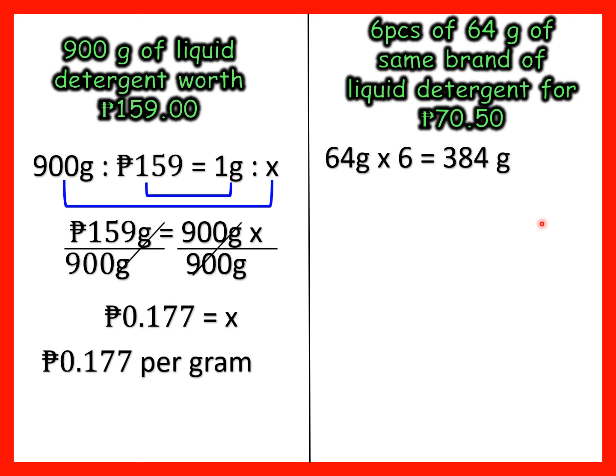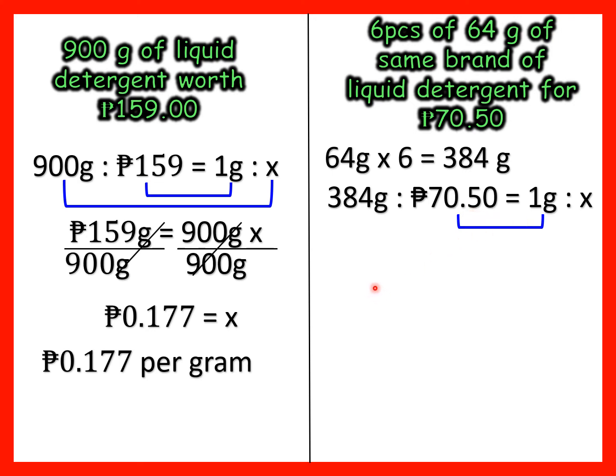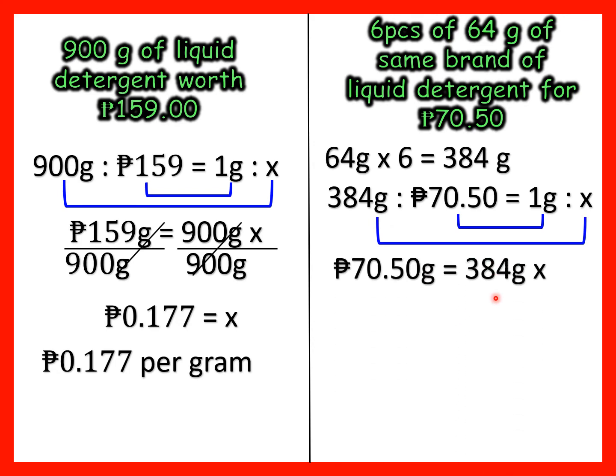Again, we are going to multiply the means and the extremes. So 70 pesos and 50 centavos multiplied by 1 gram, that's 70 pesos and 50 centavos grams, equals 384 grams multiplied by x. Since we are looking for the value of x, we will divide both sides by 384 grams.